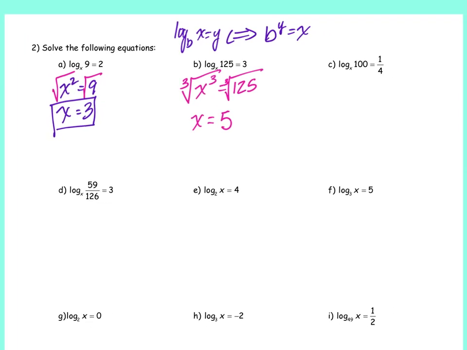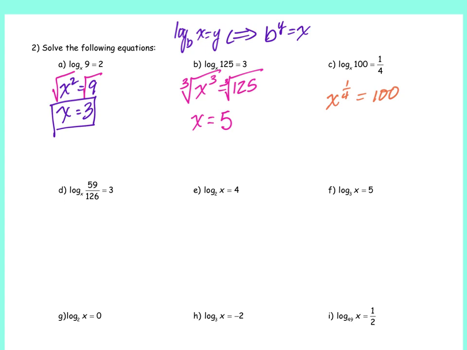So let's move to part C, and we're going to do exactly the same thing again. This one says x to the 1/4 power equals 100. How am I going to undo x to the 1/4?